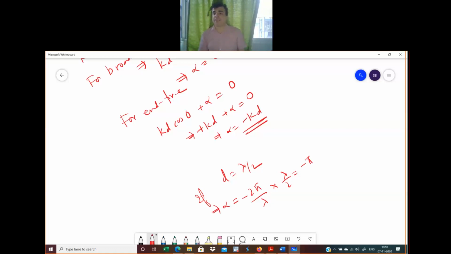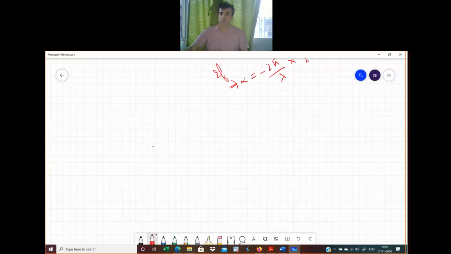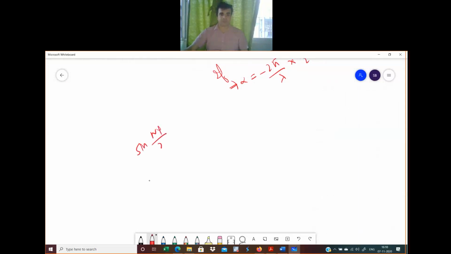Where can you find the nulls? Zero radiation. Tell me, for what values of psi is this quantity zero? Obviously, not for psi equal to zero, there we are seeing maximum.